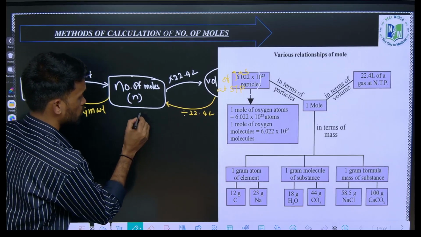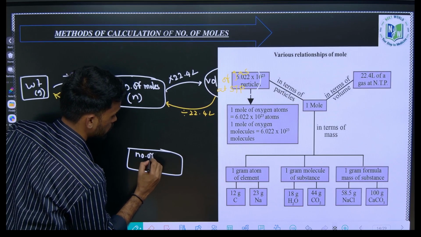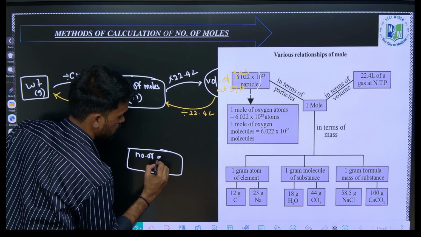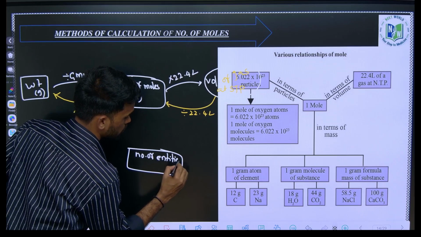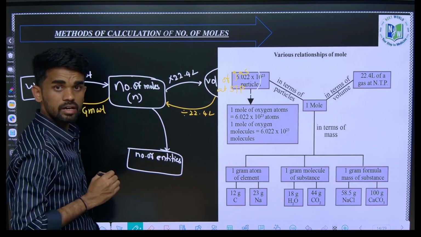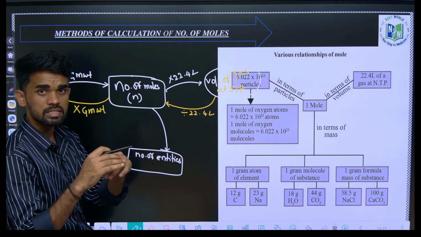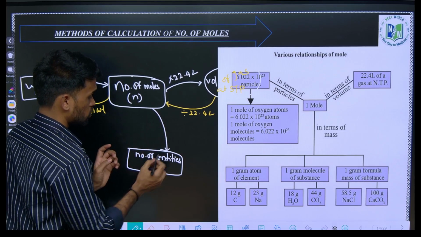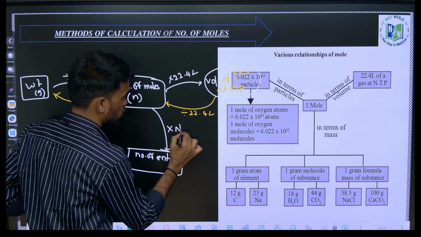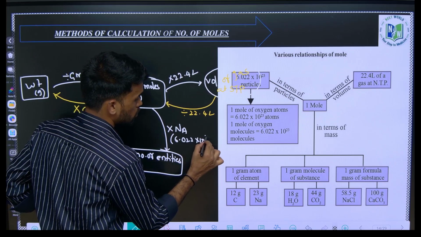Now if they are asking about number of particles, number of entities, I am writing entities. So if they give number of moles and they are asking us to find number of particles or entities, like atoms, molecules of a particular gas or whatever substance they are giving, just multiply this with Avogadro number, that is 6.022 into 10 power 23.